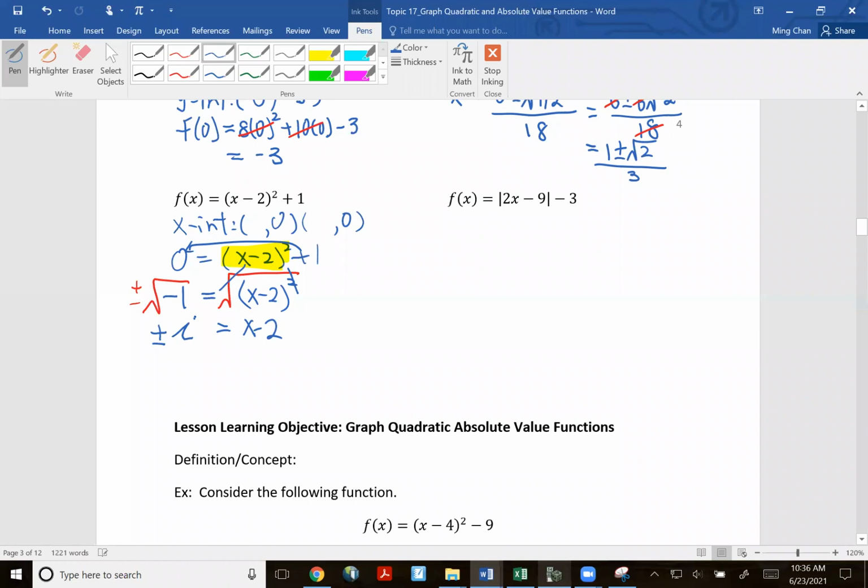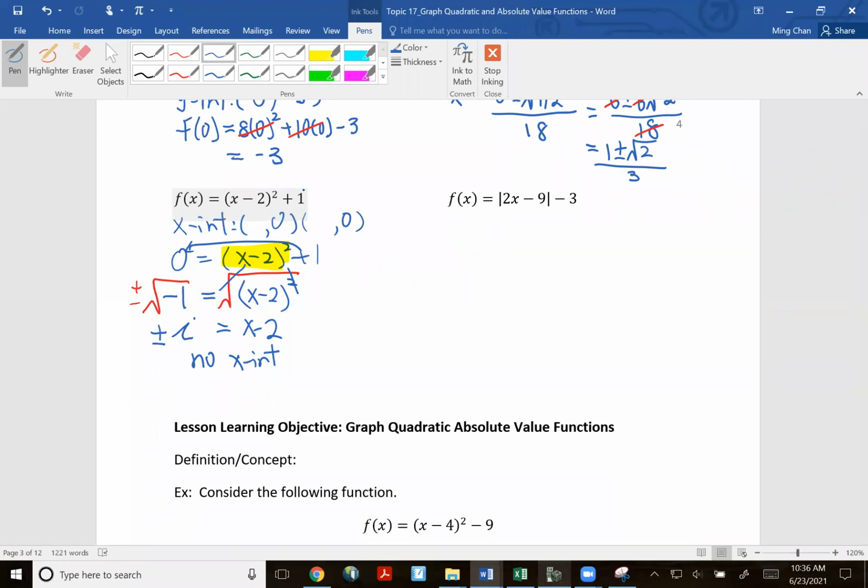Right there, it tells you that it has no x-intercept, because the imaginary number does not exist on the real number line. It actually exists in what we call the complex number system. So having an i tells you that this parabola never crosses over the x-axis.